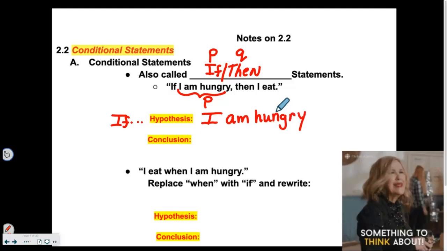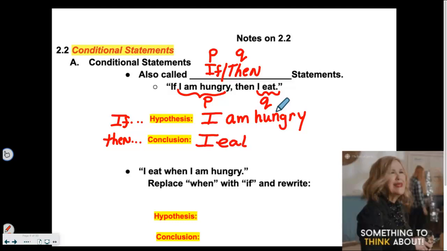I have to go for a big sandwich. The conclusion up here is what comes after the then. So I'm going to go then, dot, dot, dot, conclusion. So up here, my conclusion, which I could also call Q, if I don't want to write the whole thing out, would be I eat.